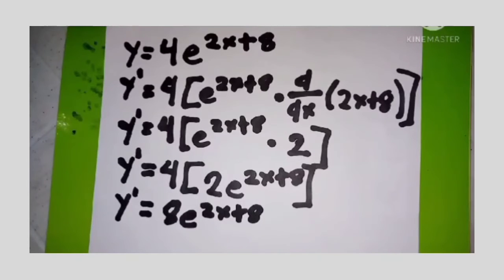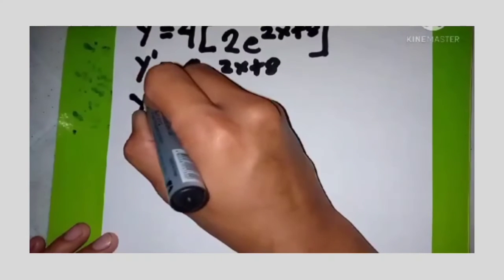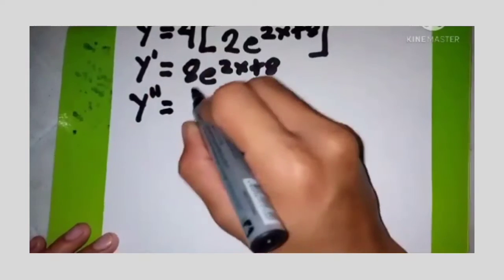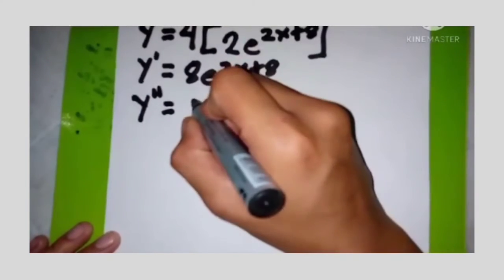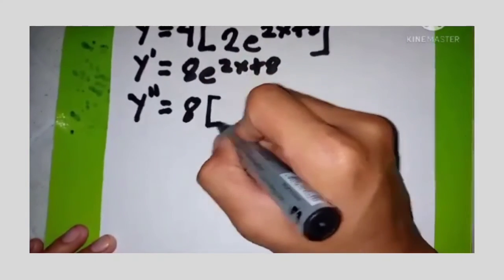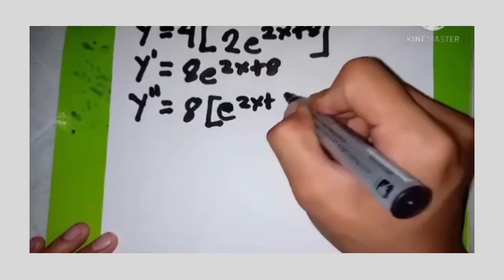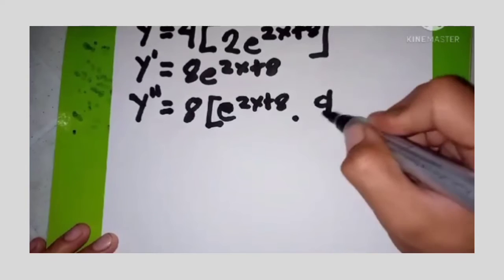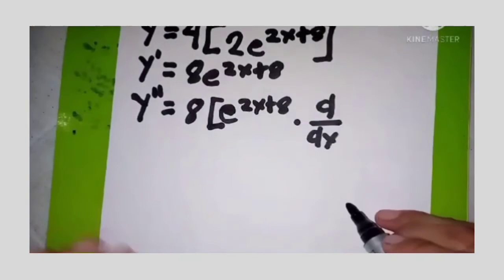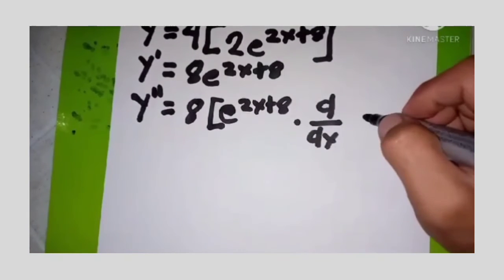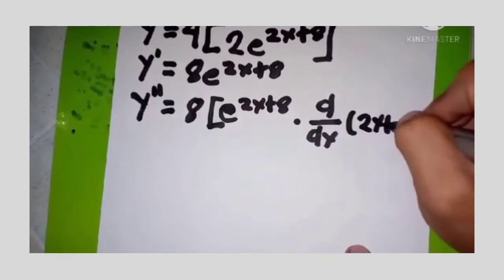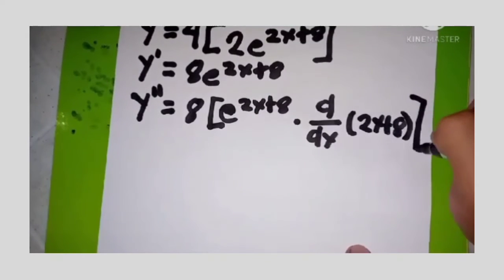Then we proceed to the second derivative, so y double prime is equal to, same as the first, we need to put the 8, then bracket, copy the e raised to the power of 2x plus 8, multiply to the derivative of 2x plus 8, then bracket.